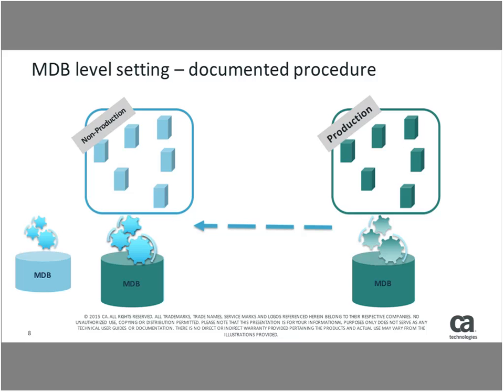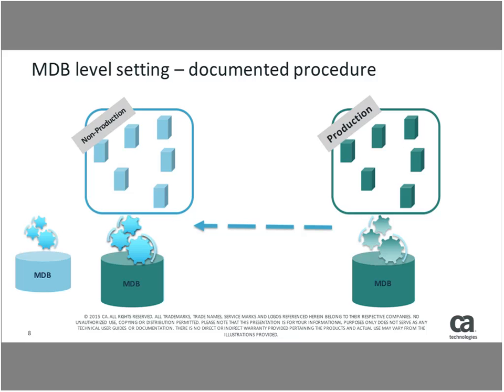So the problem there was that you have to restore the MDB, and then look at the MDB and correct all the integration parameters, like the host names and port information, before it becomes usable in the target environment.